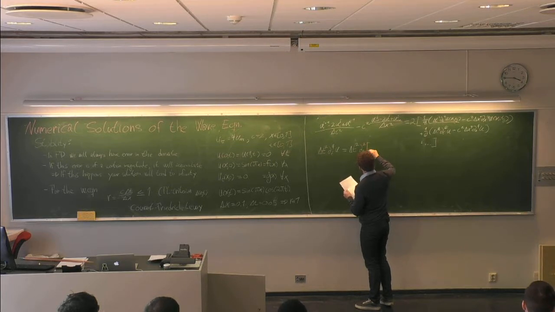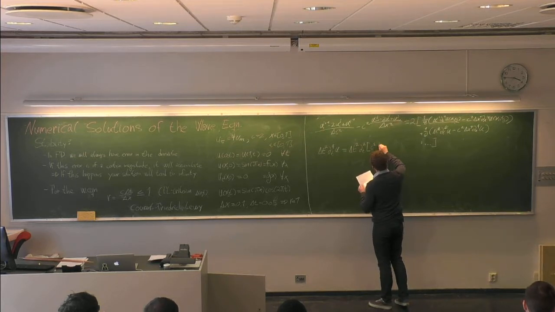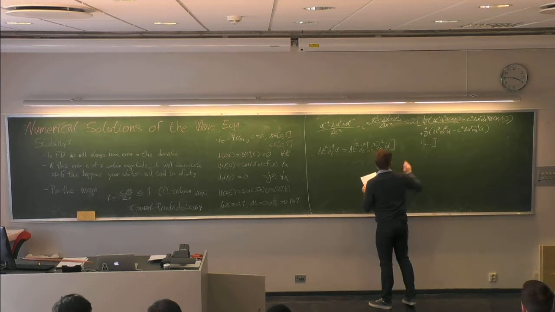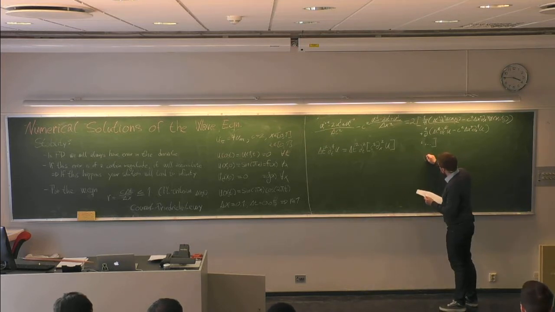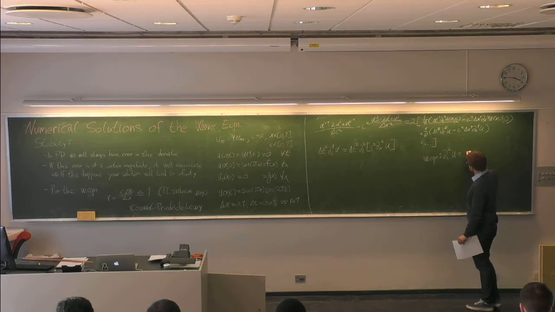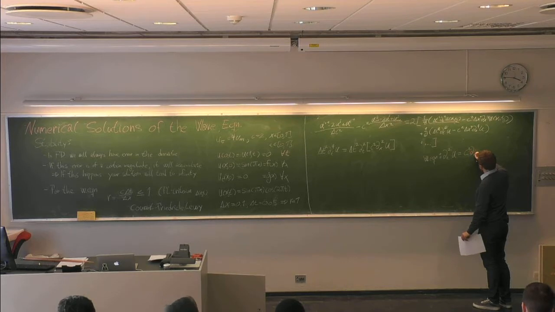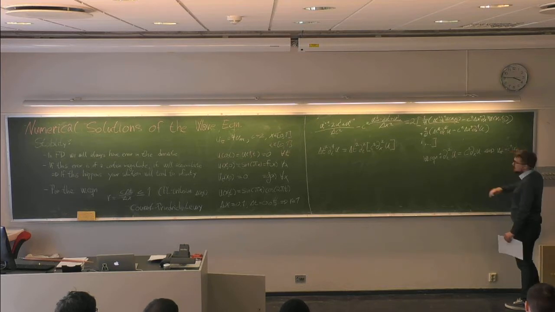Two of these dt derivatives should be c squared dx squared of u, because according to the wave equation, this equals c squared dx squared u. This is just notation, it basically means the same.